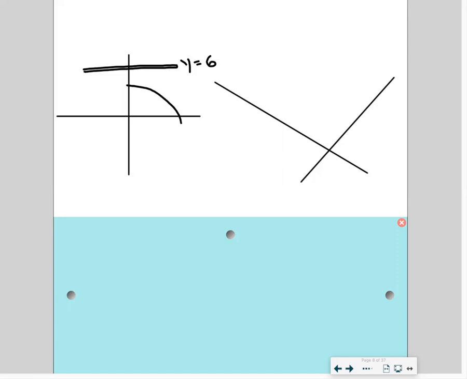If I put this in three dimensions, this is my y-axis, this is my x-axis, this is my y equals 6, and this is my negative parabola, or negative x squared graph.